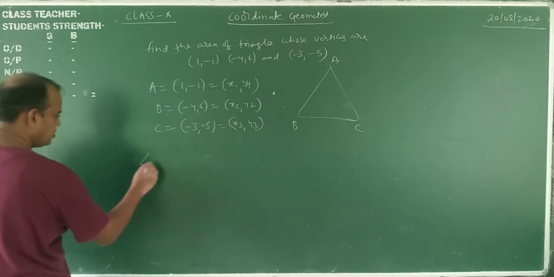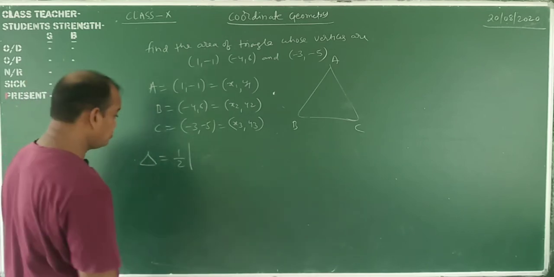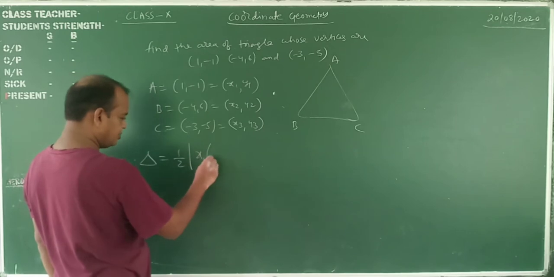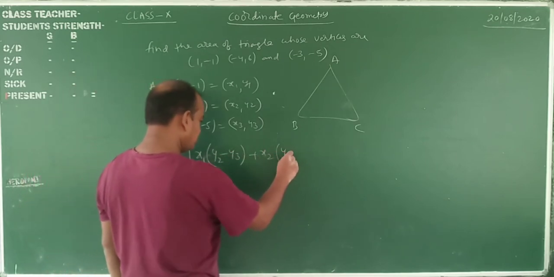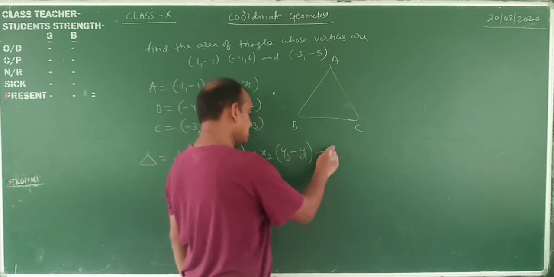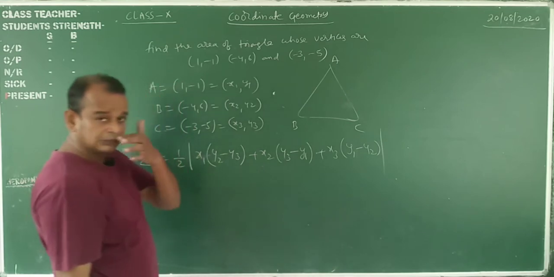Now area is equal to 1 by 2 into, take the modulus. Area is always positive: 1 by 2 into x1 into (y2 minus y3) plus x2 into (y3 minus y1) plus x3 into (y1 minus y2), under modulus.